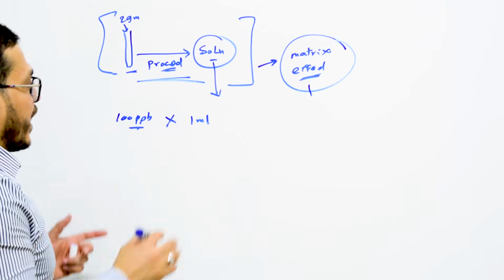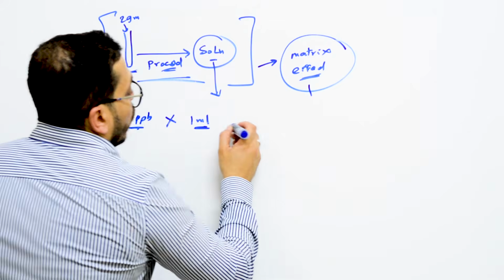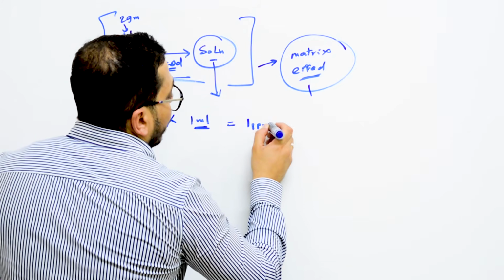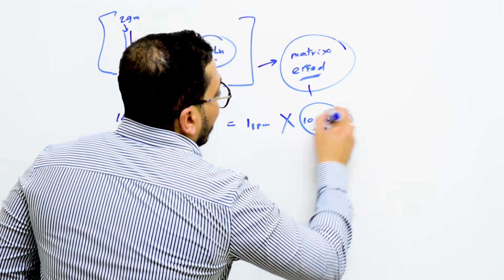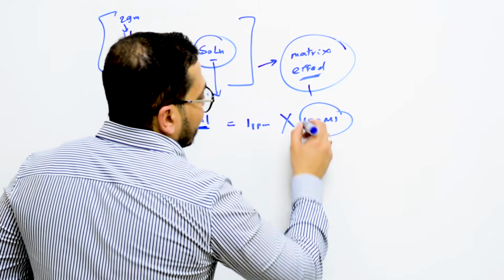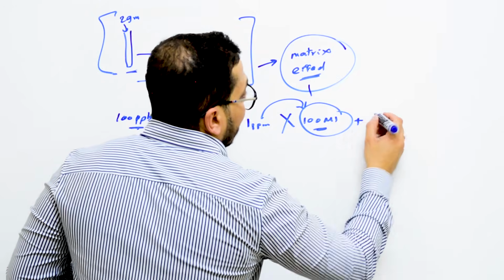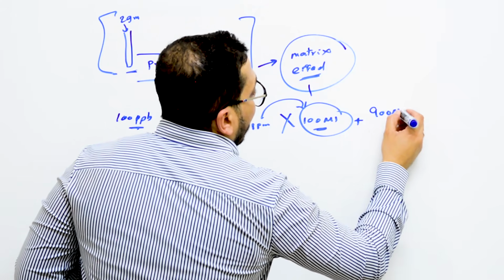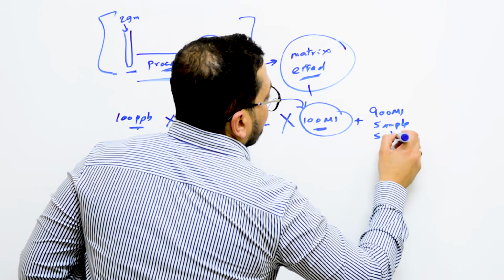You will prepare 100 ppb in 1 ml. You want to prepare 100 ppb in a 1 ml HPLC vial from 1 ppm. So you will add 100 microliter from this standard plus 900 microliter from the sample solution.